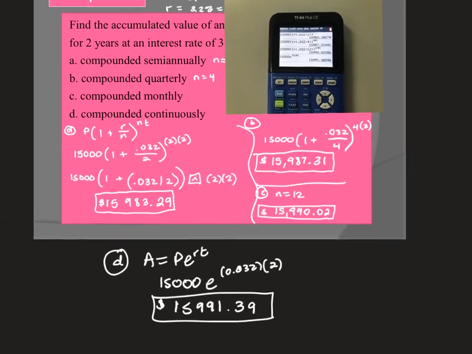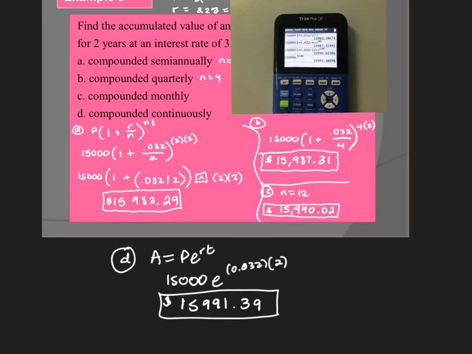Okay, so if you think about the logic behind this, does it make sense that the more you compound interest, the more money you're earning? Do you understand what compounding interest even means? Let's say I compound interest 10% a day. I put $100 into an account, and at the end of the day I earn 10%.